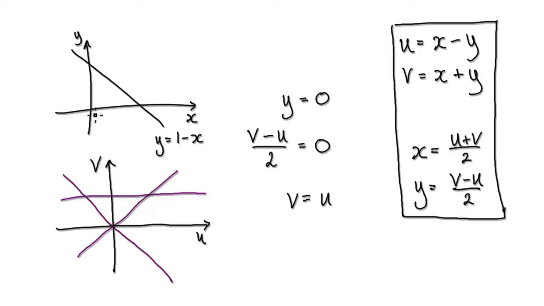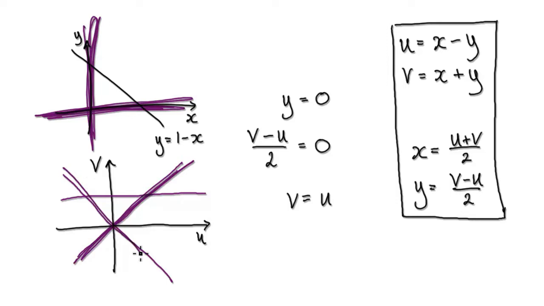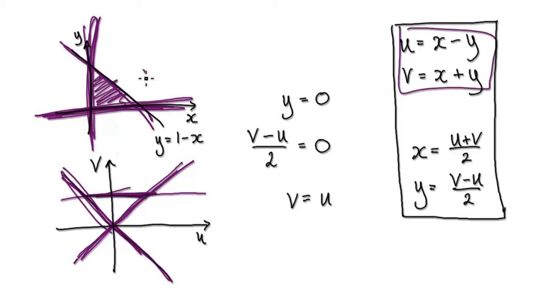So this line here becomes this line, and this diagonal line here becomes this line here. So under this transformation, this region here will get morphed into this region here. So let's start again.